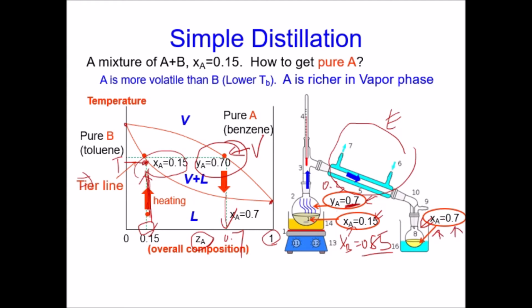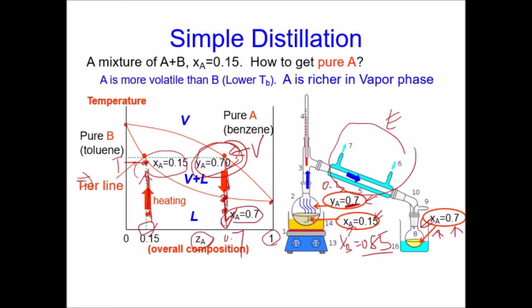On the left side phase diagram, the vapor phase YA equals 0.7. Upon cooling, we draw the vertical line until the temperature is below the low temperature curve, and that's when it becomes liquid. Any point below this liquid composition curve is a point with solution mole fraction XA equals 0.7.